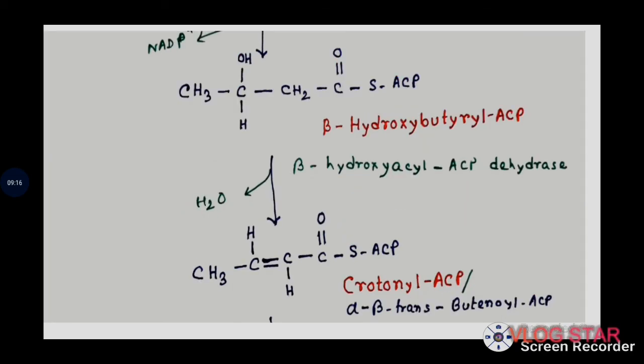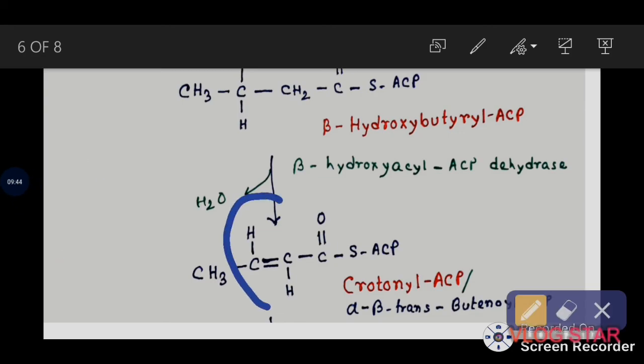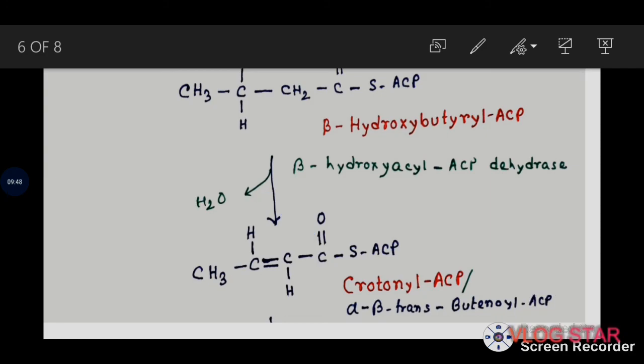Then you have beta hydroxyacyl ACP dehydrase, because it is removing an H2O molecule from the previous compound, beta hydroxybutyryl ACP, forming alpha beta trans, because it is in the trans position. So alpha beta trans butanoyl ACP.